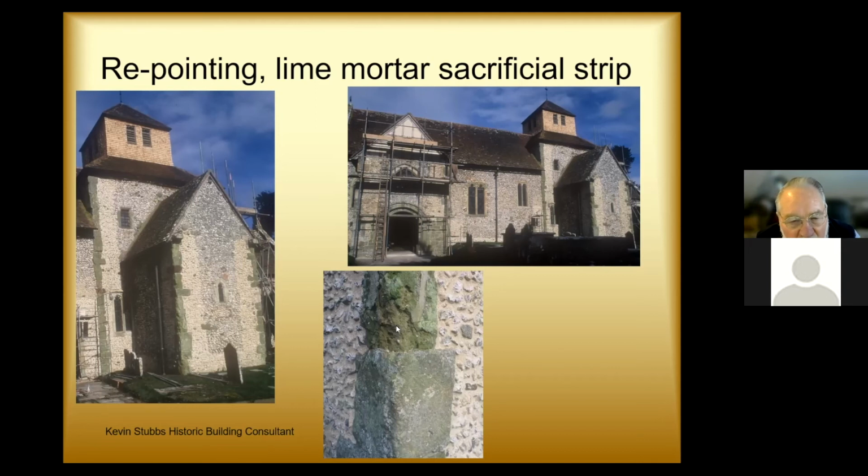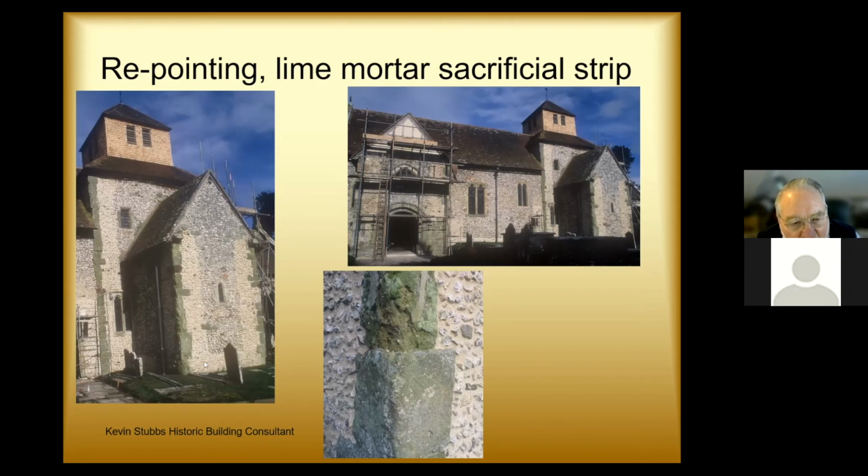And so that was treated with lime mortars and lime dressing for its repairs. Basically they couldn't afford to rake out the whole of the work here, and so we've created a sacrificial strip about 1 metre wide around the green sand dressings, and at the base of the building.